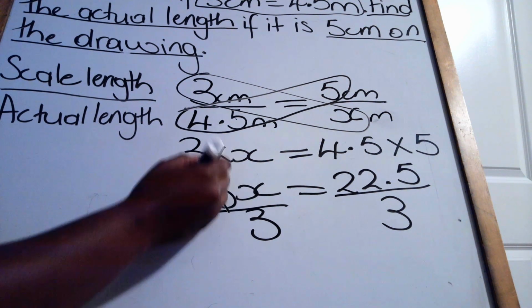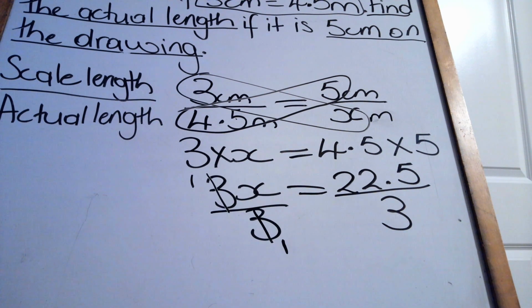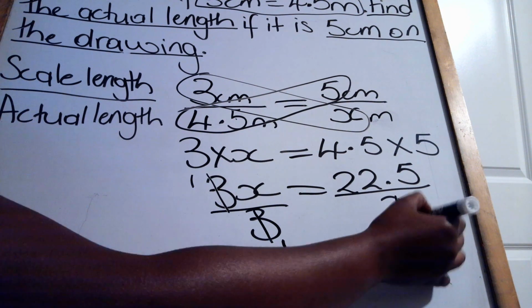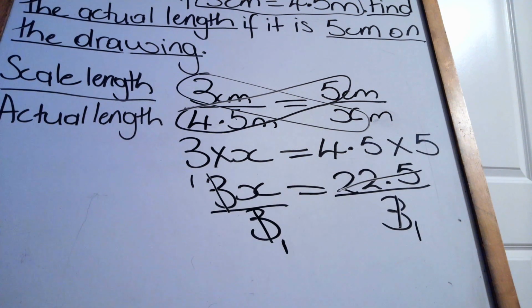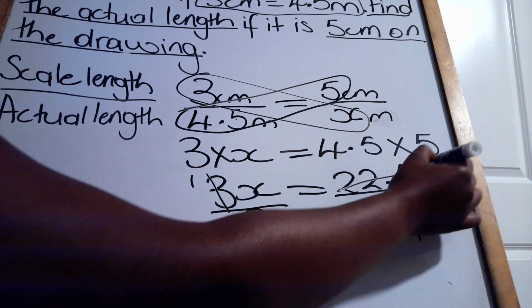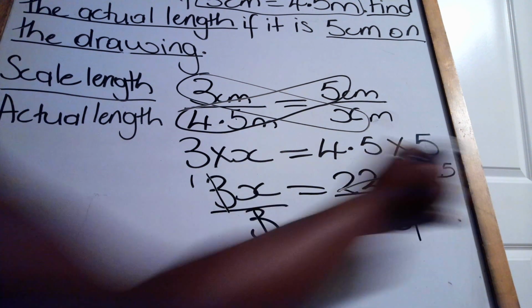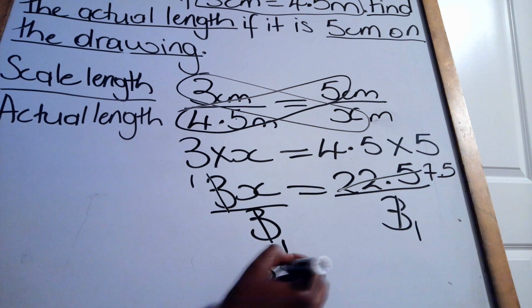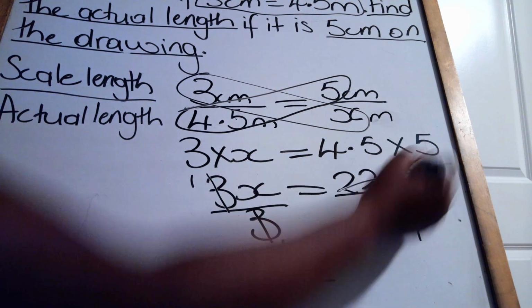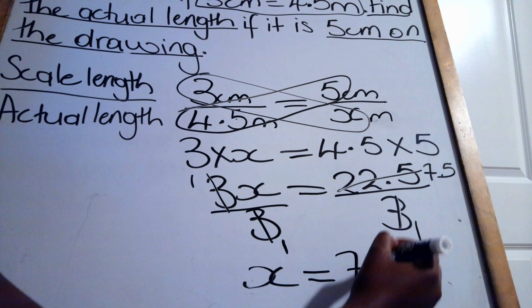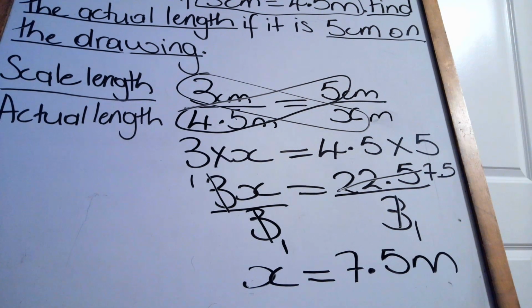3 into itself, 1. 3 into 3, 1. And 3 into 22.5 gives me 7.5. We're only left with x on this side, and 7.5 on that side, and our answer is in meters.